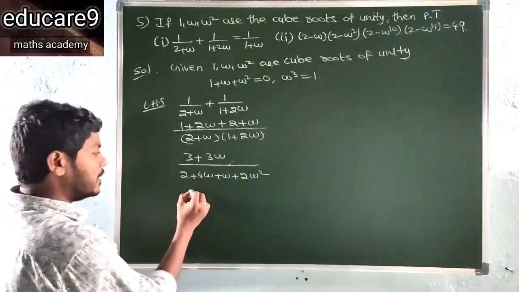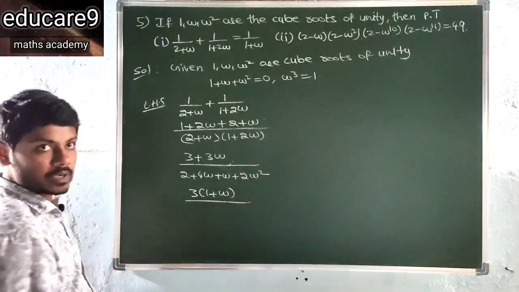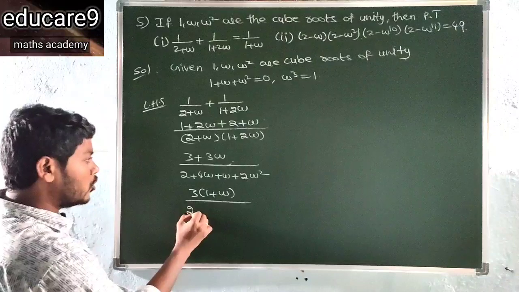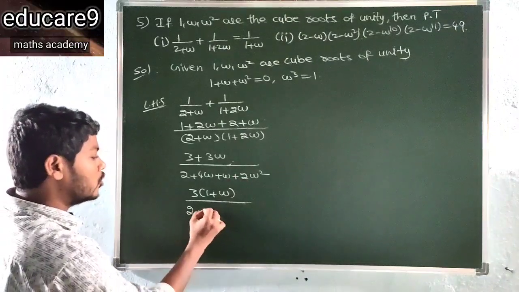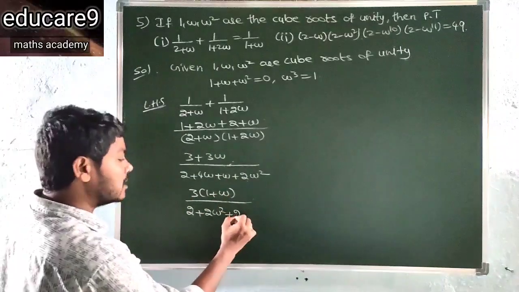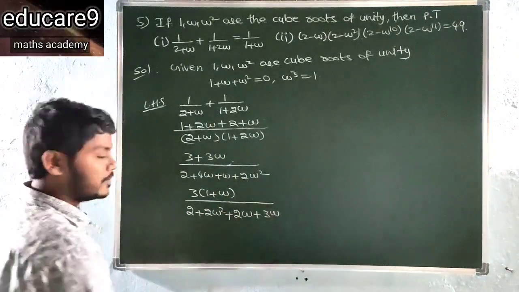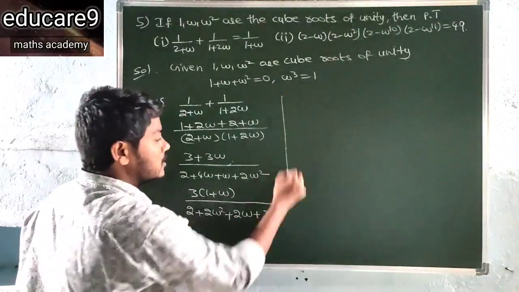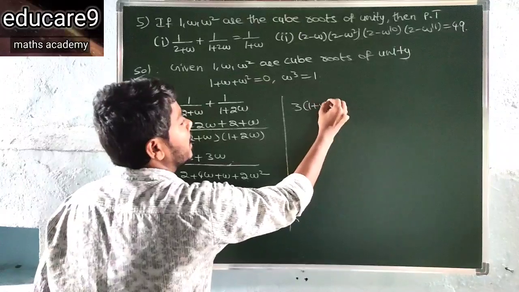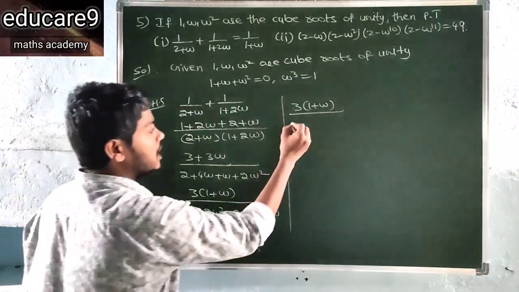Now here this can be written as 3 times (1 plus omega). Now here the denominator can be written as 2 plus 2 omega square plus 5 omega, which can be written as 2 omega plus 3 omega. Now see here again this can be written as 3 into (1 plus omega) divided by, in the first 3 terms 2 is common.